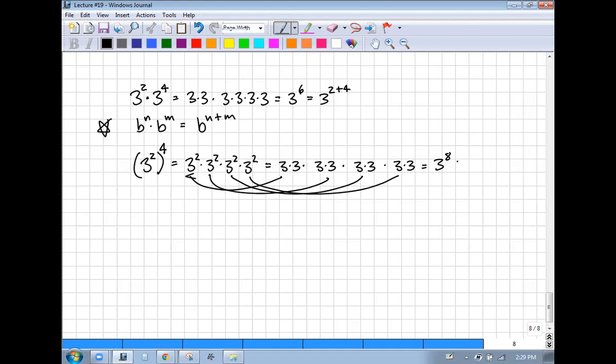Notice that 8 is 2 times 4. So what it's saying is, if you have an exponent to an exponent, you just multiply the exponents. So that's rule number 2. Okay. So those are your 2 basic rules for dealing with exponents here.